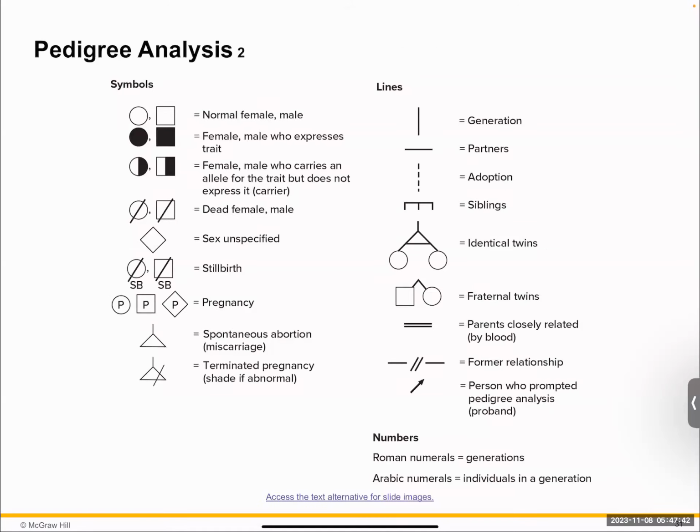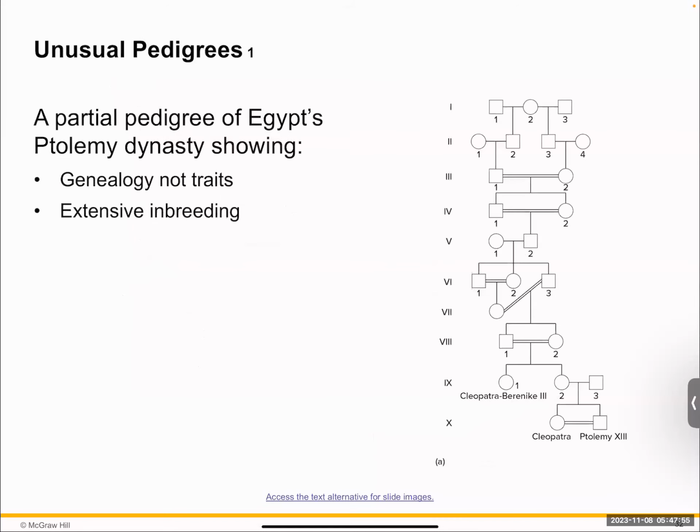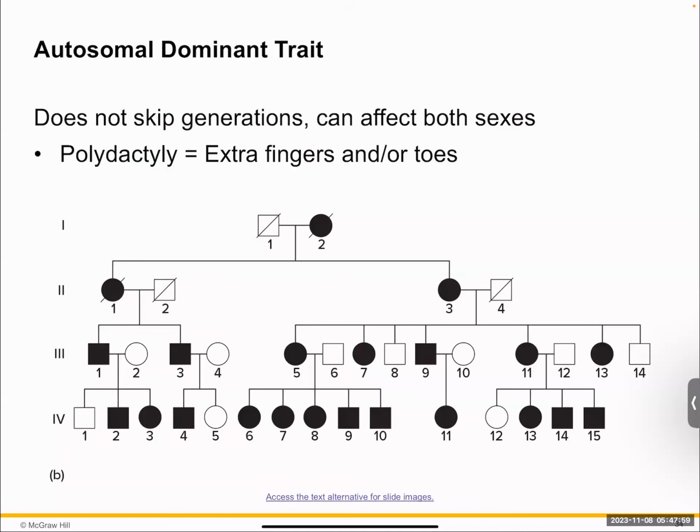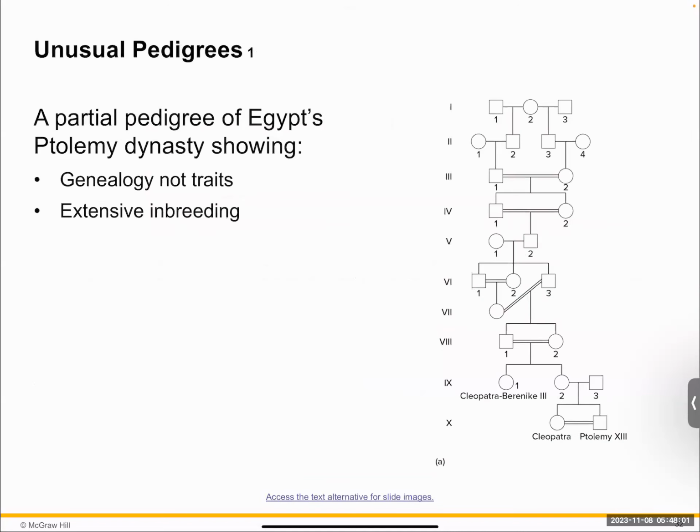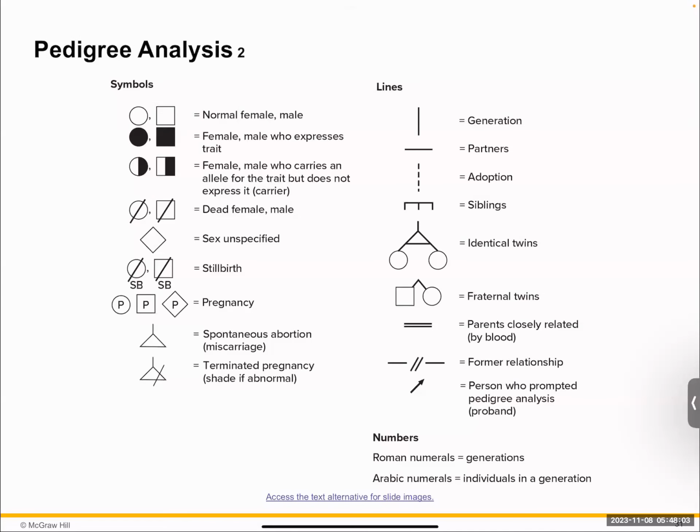I do ask you some of the generic ones that I want you to know. For instance, if you create a pedigree, it would look something like this. Now, I'm not going to go into details about what they are.